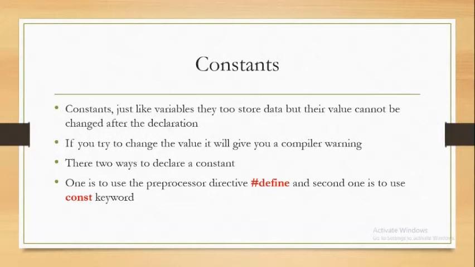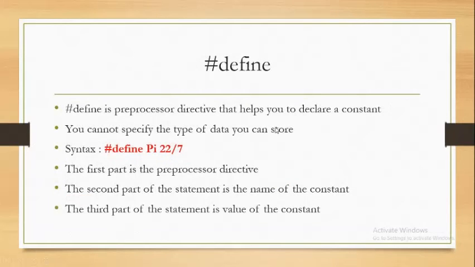And if you try to change the value, the compiler will give you a compiler warning. There are two ways to declare a constant. One is to use the preprocessor directive define, and the second one is to use the const keyword. Firstly, define. Define is a preprocessor directive that helps you to declare a constant. But here you cannot specify the type of data that you have to store.